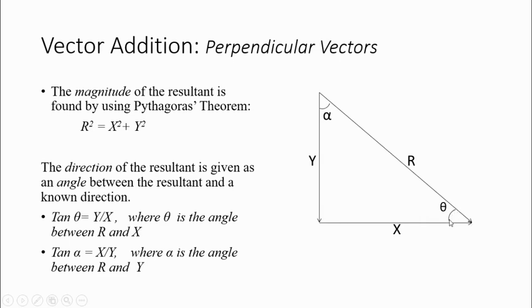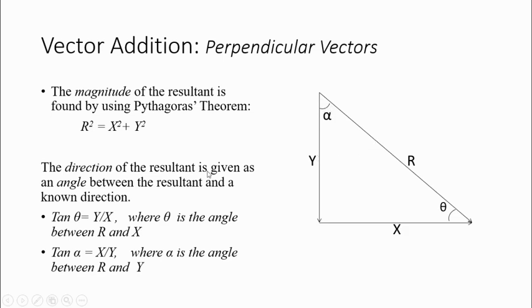So theta is the angle between them. Or you could specify angle alpha here as the angle the resultant makes with vector y. Both y and r are coming away from this point. So alpha is the angle between y and r.